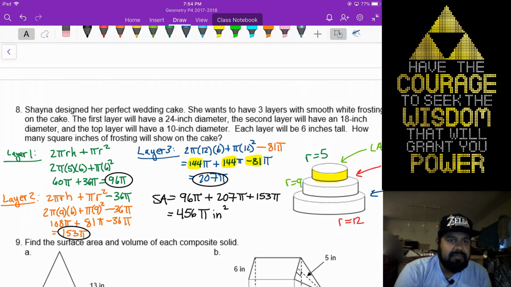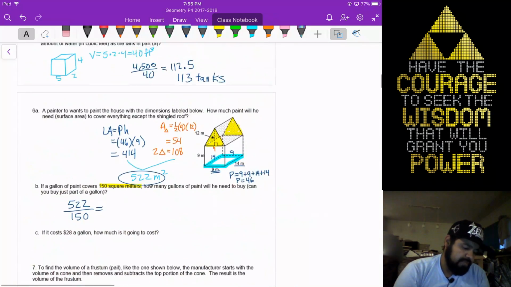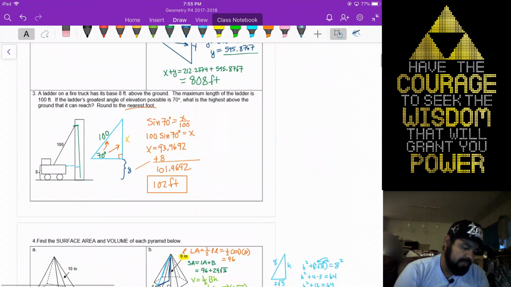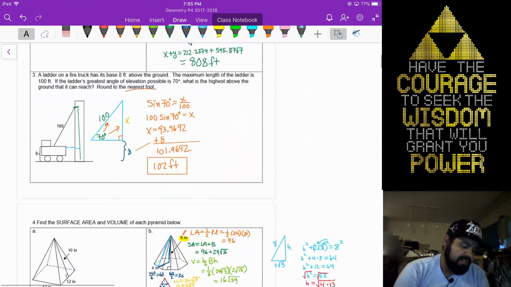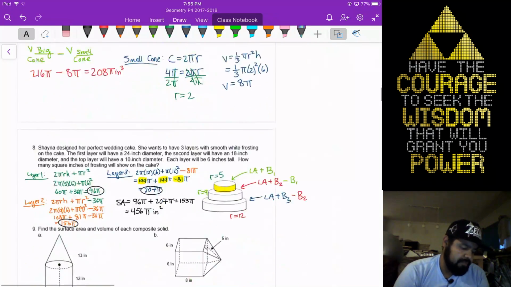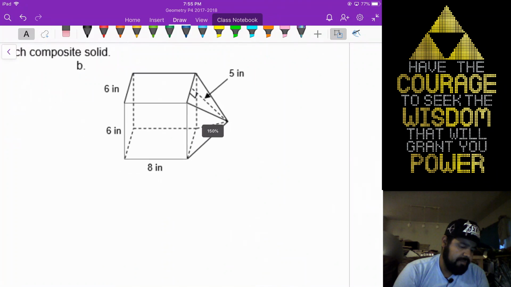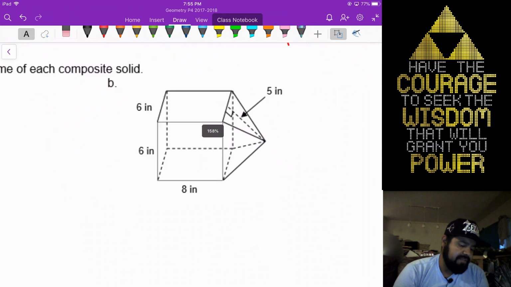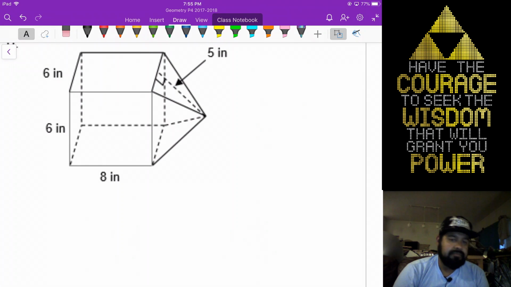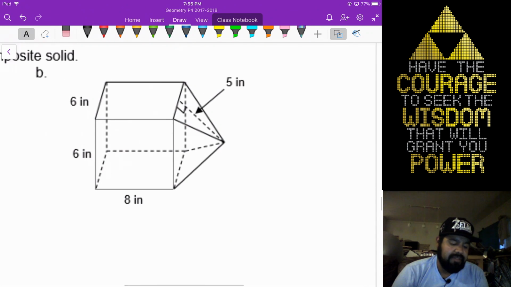Okay, because I'm lacking the brain cells right now, let's go ahead and take a look at 9b, because I've covered a lot of these already. We're asked to find the surface area and volume. For this one, Adam, you have to remember that the figure is laying on its side, so the base is actually going to be this side over here.